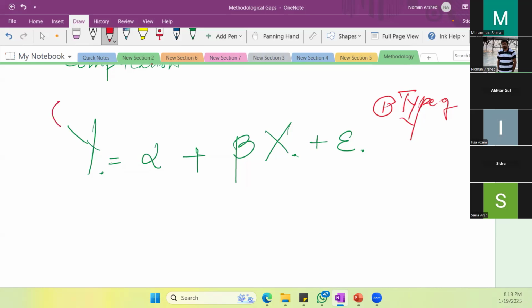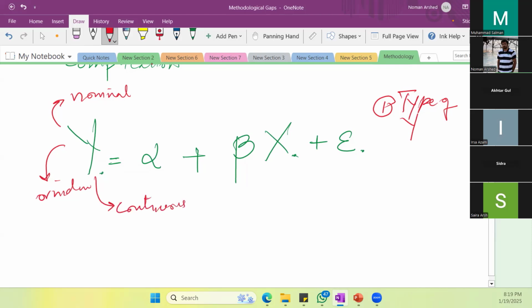So y can be nominal, it can be ordinal, it can be continuous.